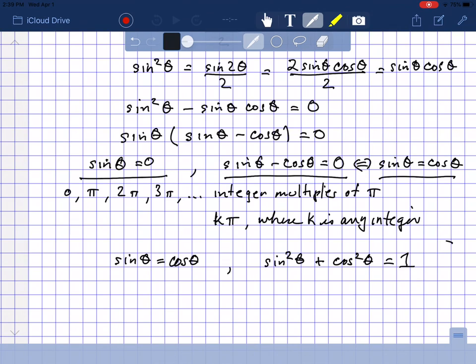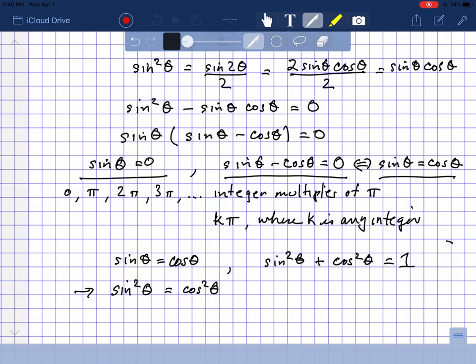And now I want to employ this identity to help me solve this equation. But in order to do that, I need terms that involve the sine squared and the cosine squared. So I'm going to square both sides of this equation. So I'm looking for solutions of sine squared theta equal cosine squared theta.